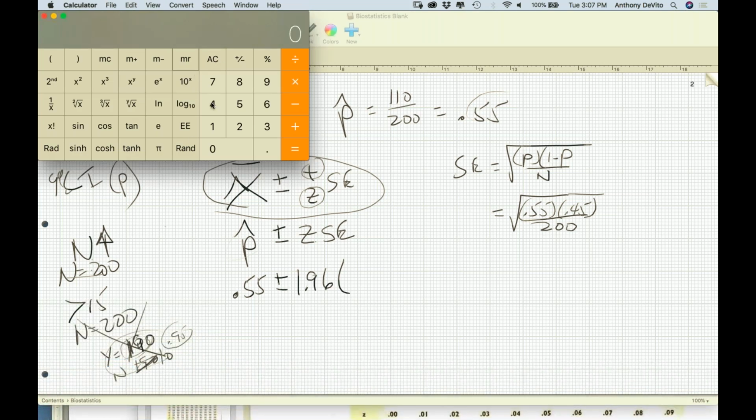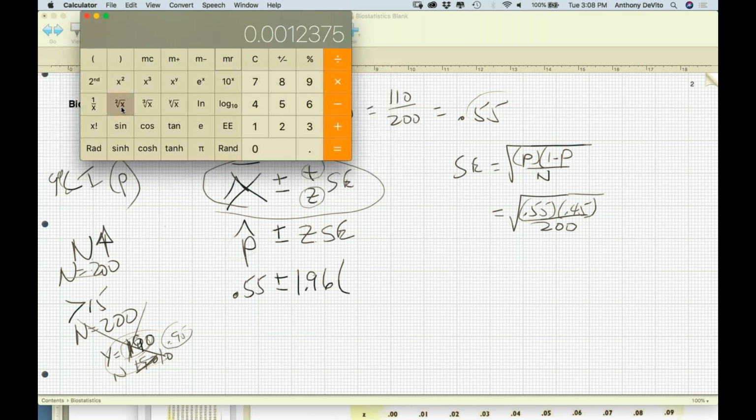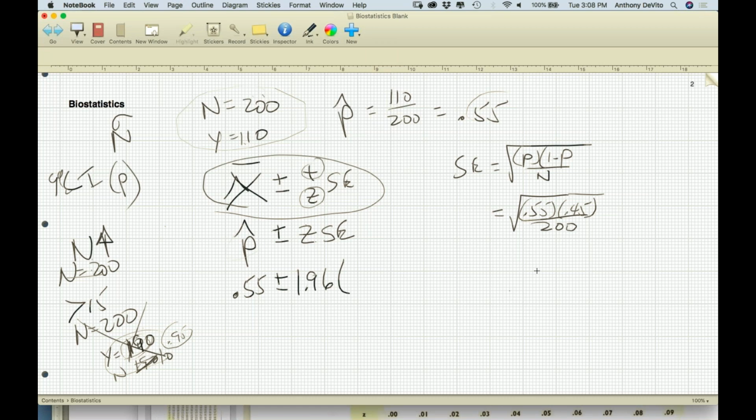Okay, so it's going to be 0.55 times 0.45 equals this, divided by 200 equals this. And find the square root of that. It's about 3.5%, so that equals 0.035.